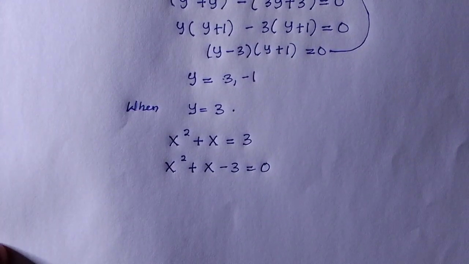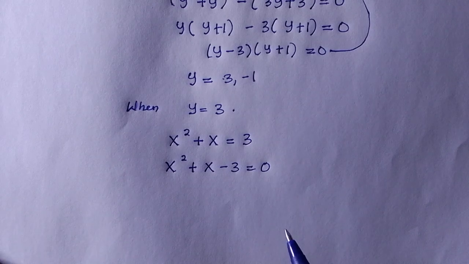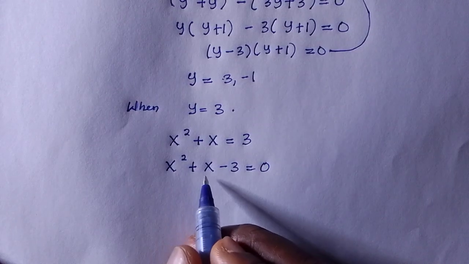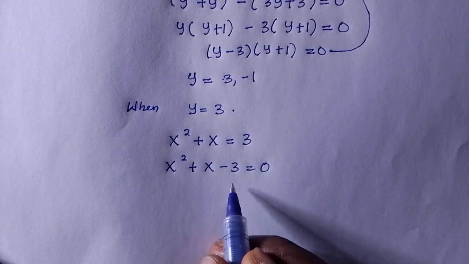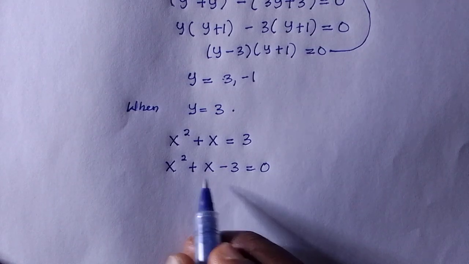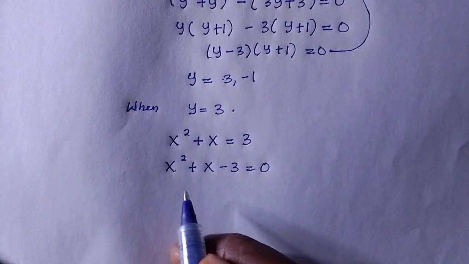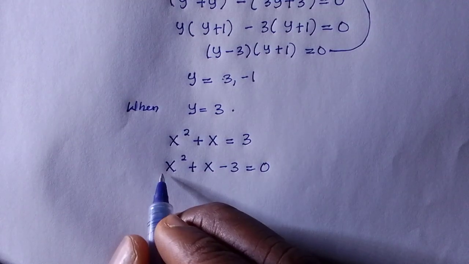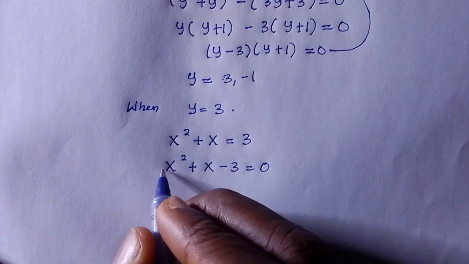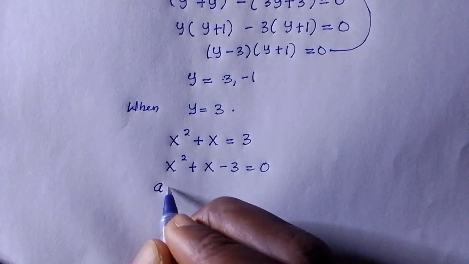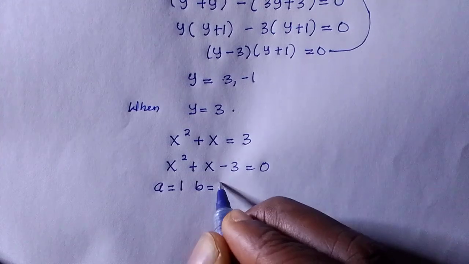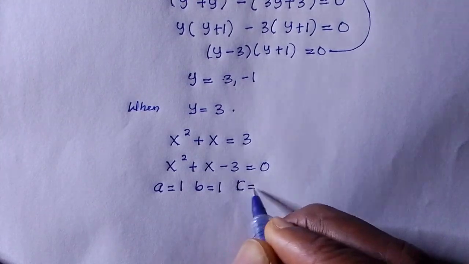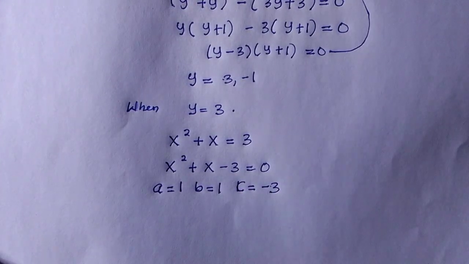So here is another quadratic equation, for which we have to get the two roots. We cannot factorize this, so the only methods we can apply are the quadratic formula or completing the square. By applying the quadratic formula, we have to consider three things: a, the coefficient of x squared, which is 1; b, the coefficient of x, which is also 1; and c, the constant term, which is -3.